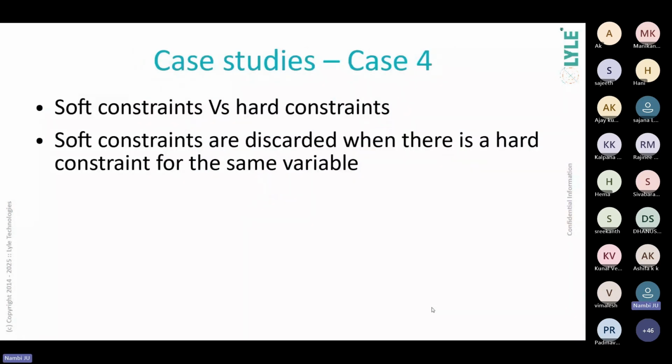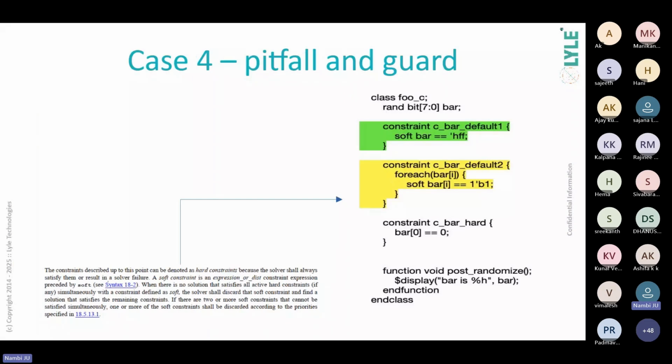The fourth use case is the use of soft constraints versus hard constraints. Soft constraints are discarded when there is a hard constraint for the same variable. For example, you have a soft constraint here where you say bar is equal to FF, and then you have another soft constraint where you set this bit to be always 1. But then you have a hard constraint here where you say bar is always 0.